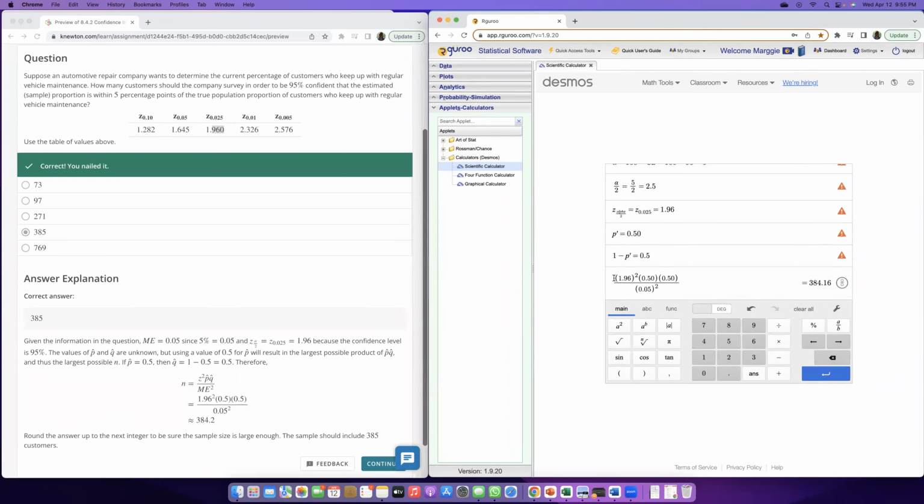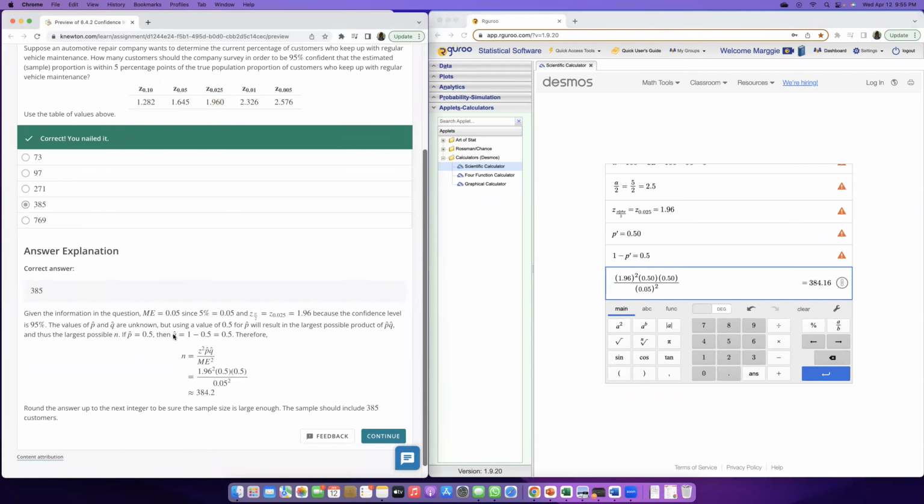And so then we put everything into the formula: critical value, P, 1 minus P, margin of error, and we get 384.16, which we round to 385. Right, it's the same thing that we have in here. This Q in here is 1 minus P. So when you look at the Q hat, then Q is 1 minus 0.5.